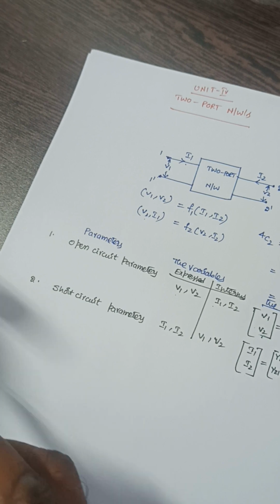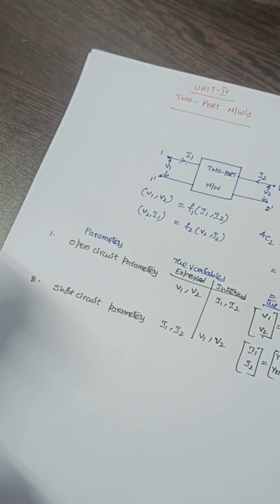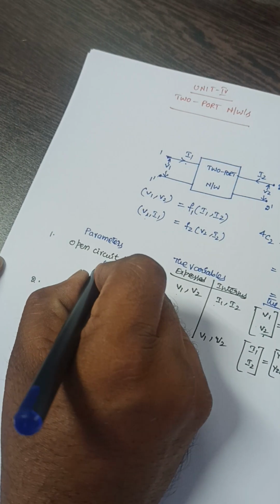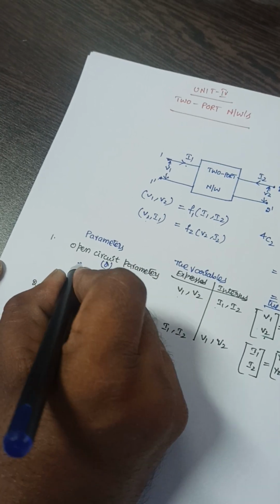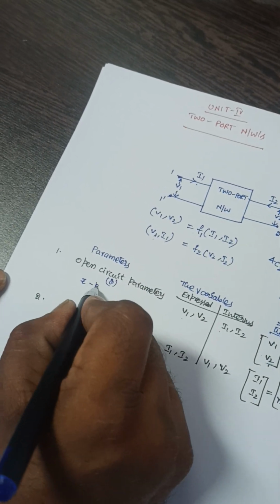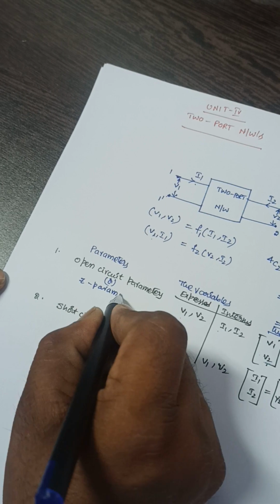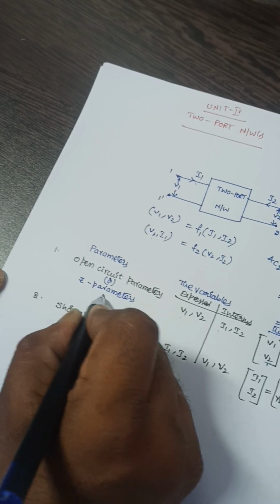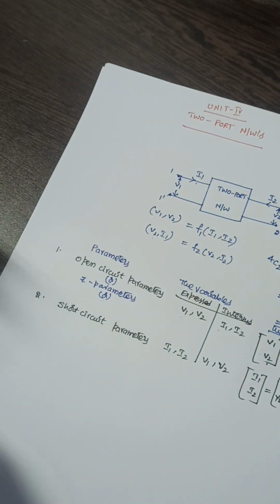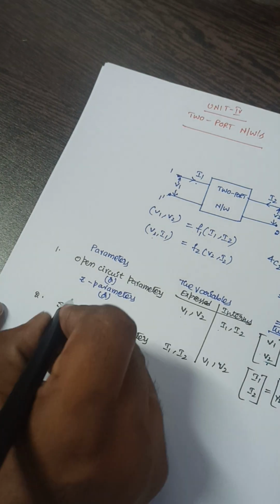The other names for the open circuit parameters are Z parameters, or impedance parameters.